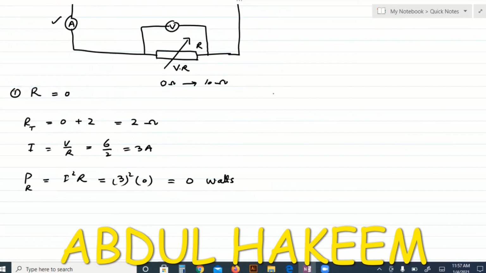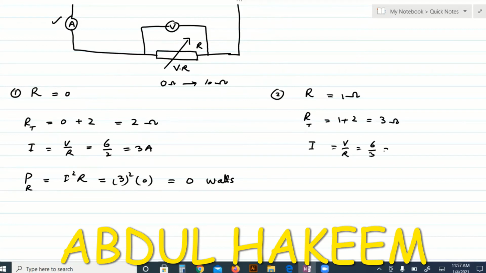Number 2, suppose this external resistor is set at 1 ohm, then the total resistance of the circuit becomes 1, this internal 2, it becomes 3 ohm. So the current becomes V divided by R, so 6 divided by 3, so the current decreases from 3 to 2 ampere.